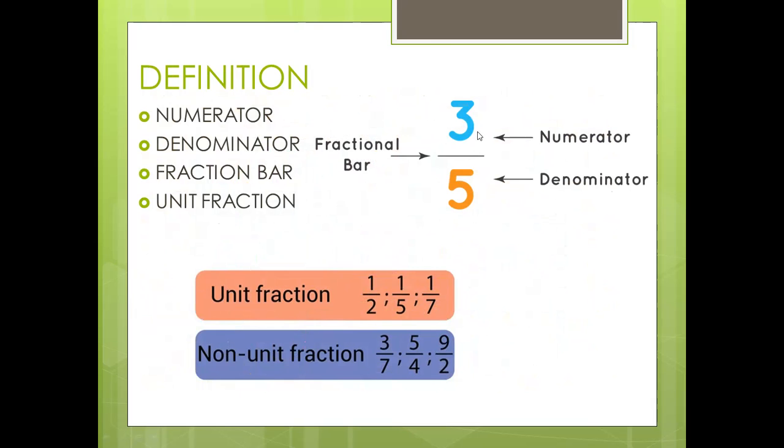Above is the numerator, and what separates the two numbers is what we call the fraction bar. And below the numerator is what we call the denominator. Usually, a unit fraction has one above, while a non-unit fraction has numbers two or more above. So we have here the definition and the parts of a fraction.